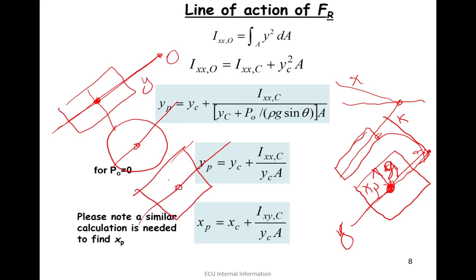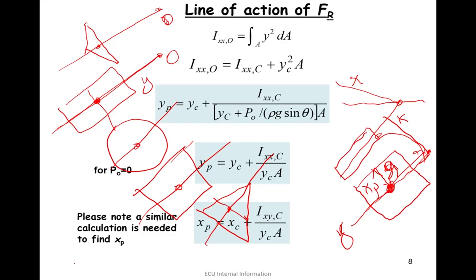If we have a triangle that has an axis of symmetry, again xp would be 0 because that side and that side would be the same. However, we might have a triangle like this one, which does not have any axis of symmetry. Then in that case we need to consider what xp would be.